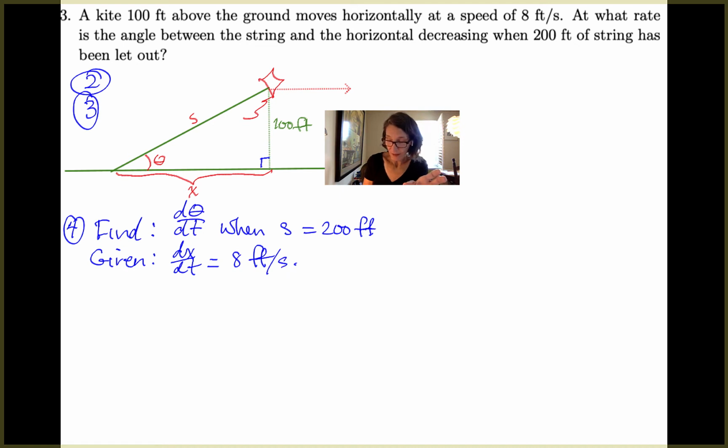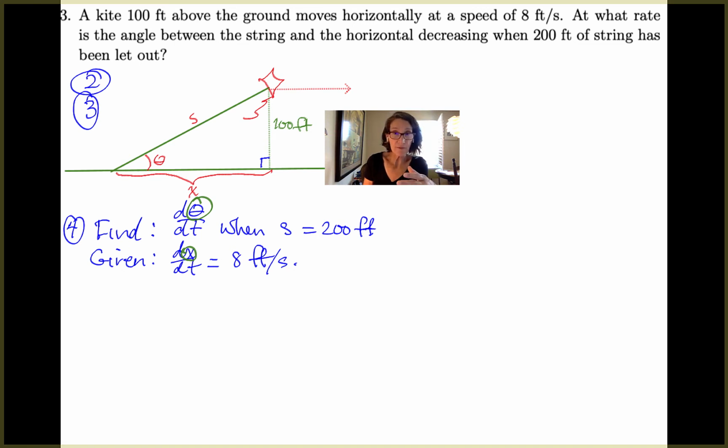Okay. So now step 5 is to write the equation that relates the quantities that are changing. I asked you guys to get an equation relating x and theta. There are a couple different equations you could write down, but some of them also include other changing quantities, which is fine.